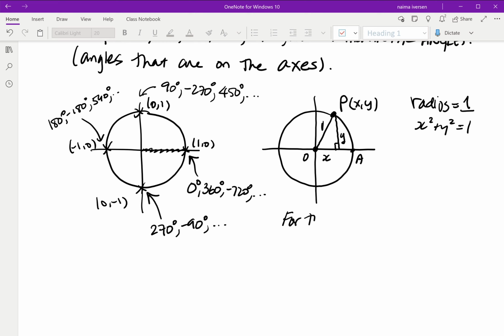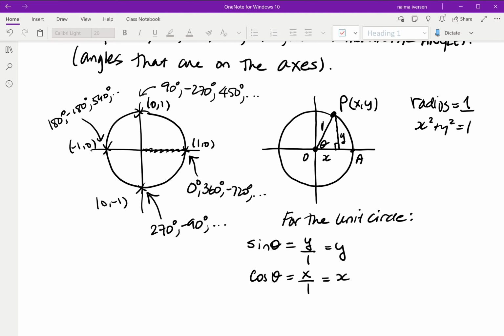So for the unit circle, and again, this is what we are using for the unit circle, sine of theta, there's my theta sitting in here, is opposite over hypotenuse, which is y. Cosine theta is adjacent over hypotenuse, which is x. X over 1 is x.